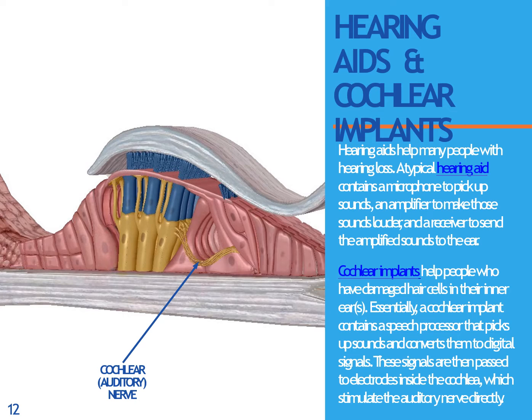Cochlear implants help people who have damaged their hair cells in their inner ears. Essentially, a cochlear implant contains a speech processor that picks up sounds and converts them to digital signals. These signals are then passed to the electrodes inside the cochlea, which stimulate the auditory nerve directly.